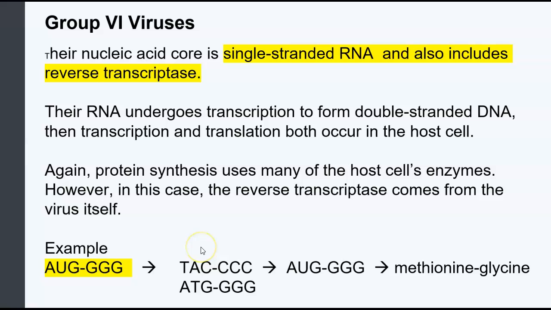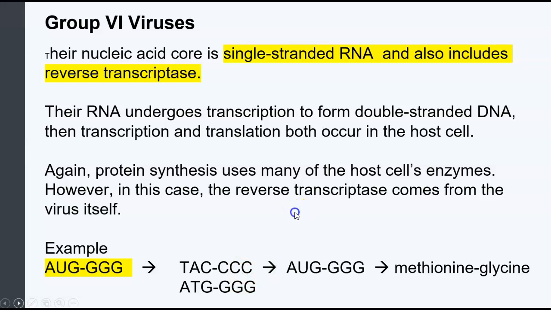This process is reverse transcription. And then that double-stranded DNA molecule now undergoes normal transcription and translation, just like in living cells. So that is group 6 viruses. HIV is a group 6 virus.